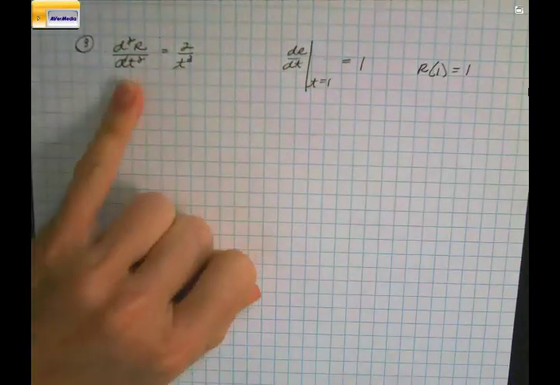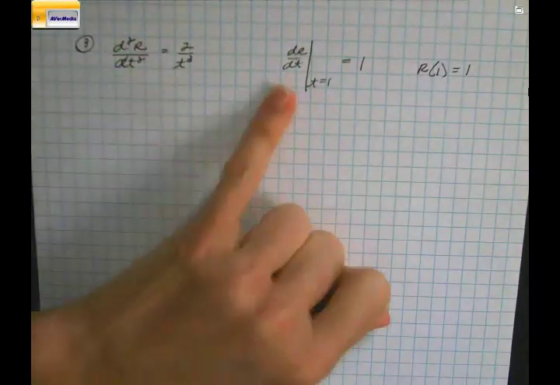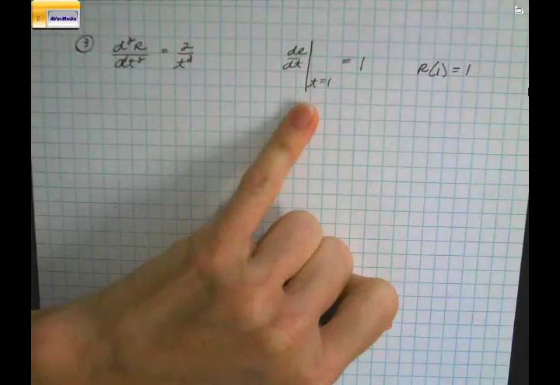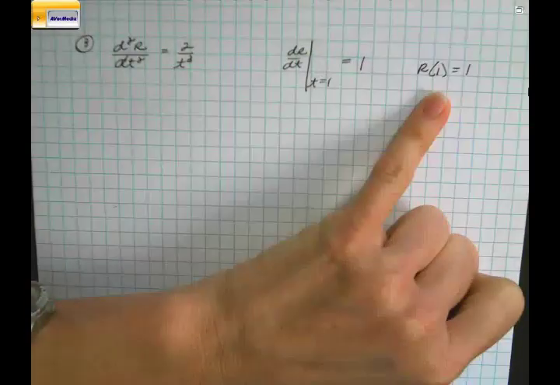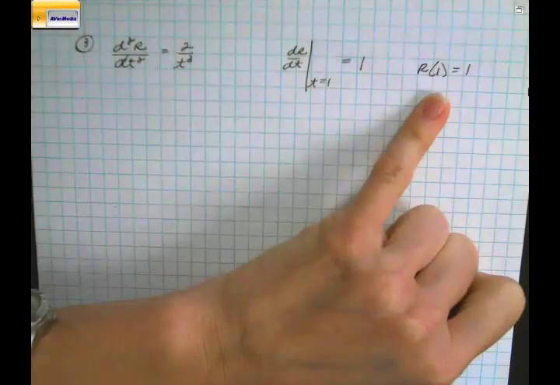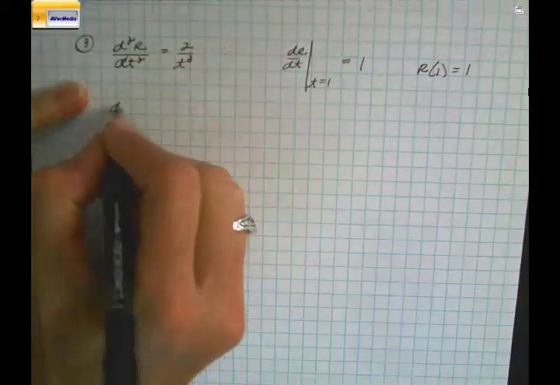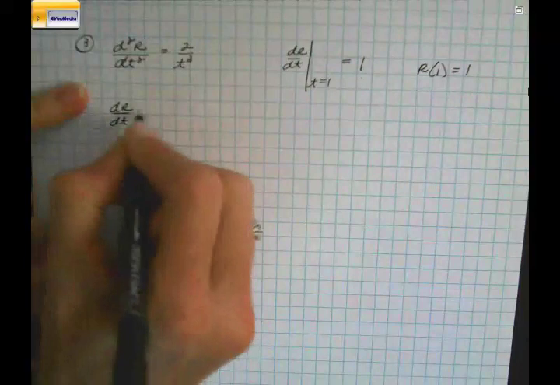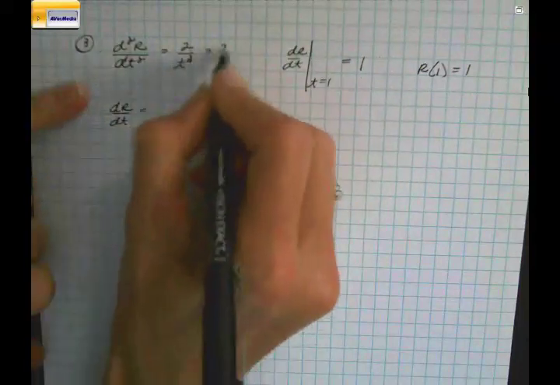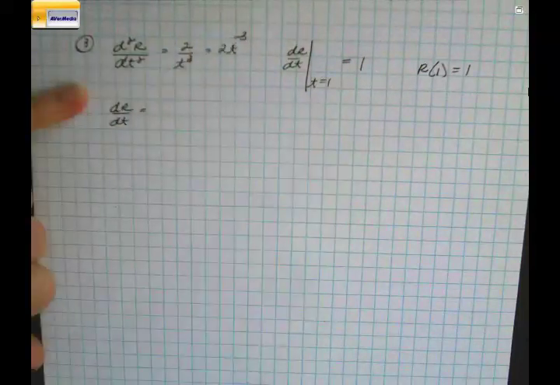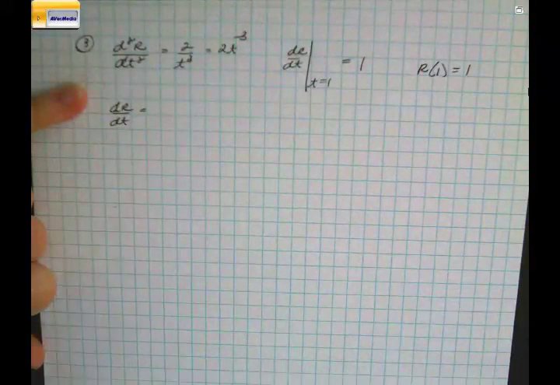So this is your second derivative. This is your first derivative being evaluated at 1. And this is your original function. See all that? Okay. So my first antiderivative will be dr dt. And I have to rewrite this. I can't do it with it written like that. It's 2t to the negative 3.